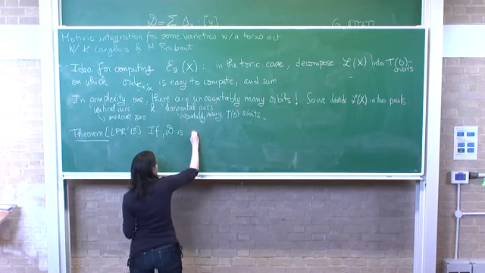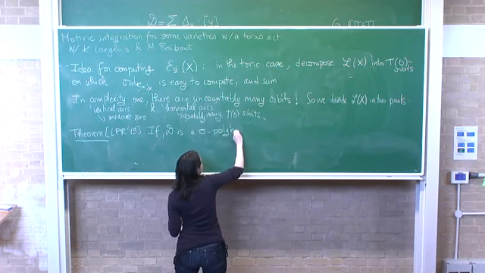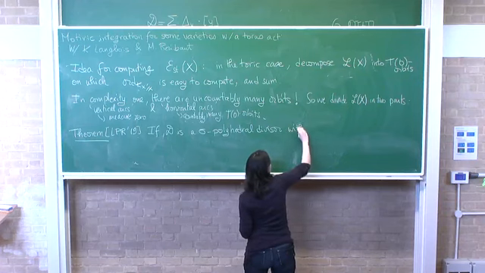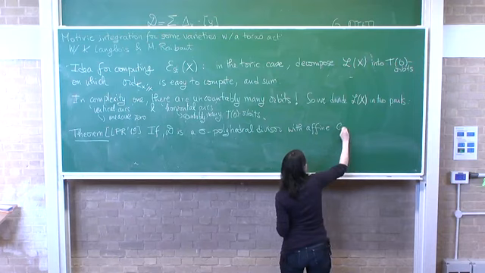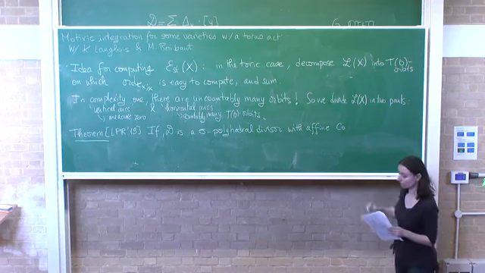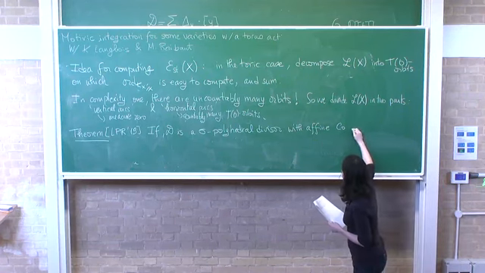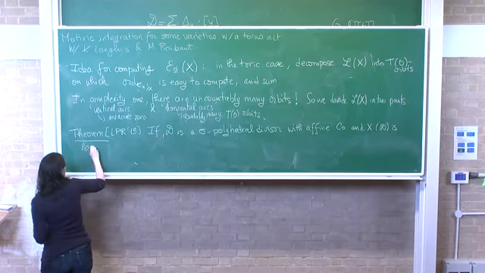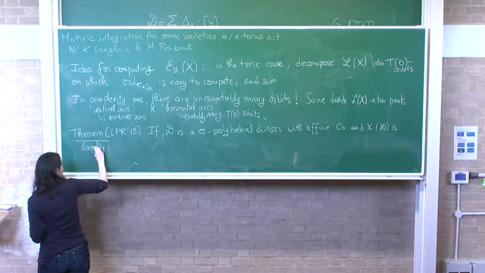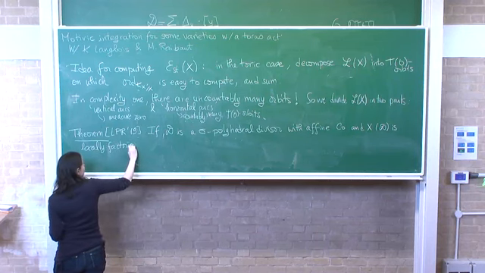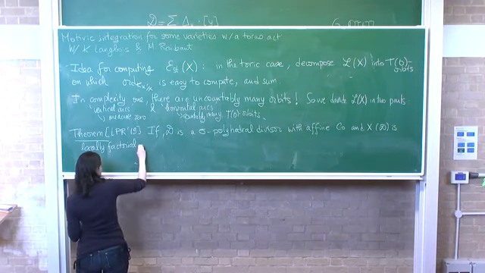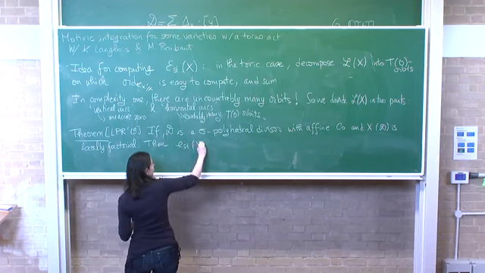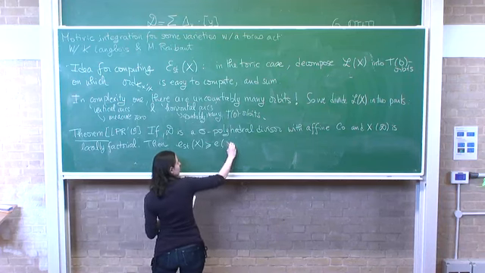So what we can prove is that, if D is a sigma probability divisor with affine C0, so the curve over which I've defined this divisor, and I also need this to be locally factorial, then we can always check that this stringy Euler characteristic is bigger than the usual Euler characteristic.